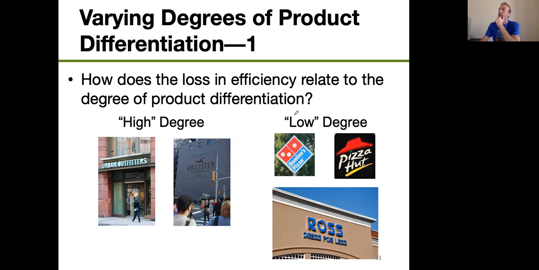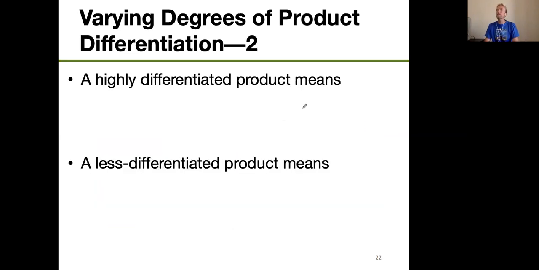So, in this world, we have low amounts of product differentiation. As a socially benevolent dictator, it's actually kind of a little bit better because we have less of this problem of excess capacity and less of this problem of markup. Okay, so let's jump into that a little bit, right? So a highly differentiated product means, what is that? Is it going to be more efficient or less efficient?